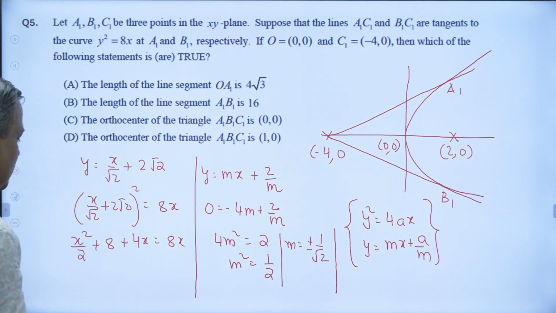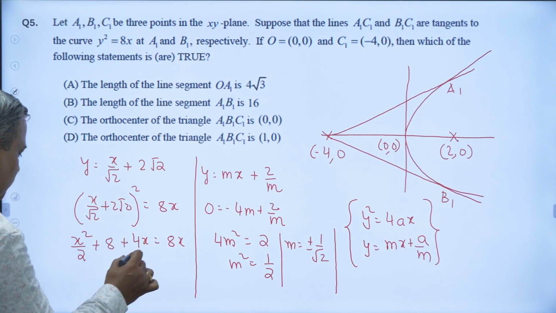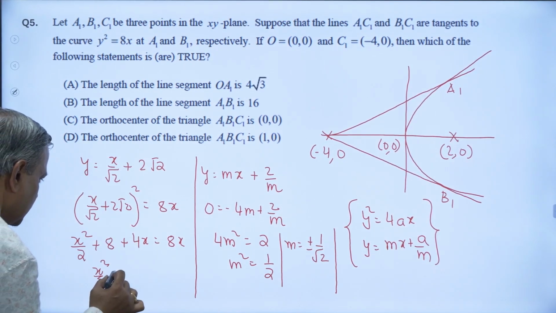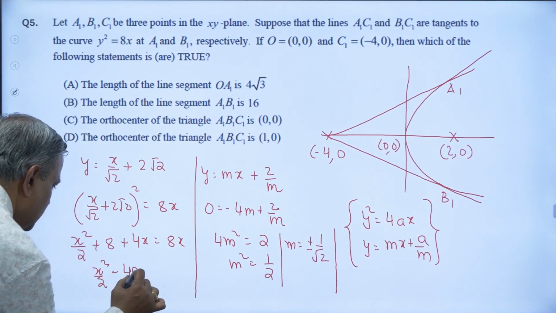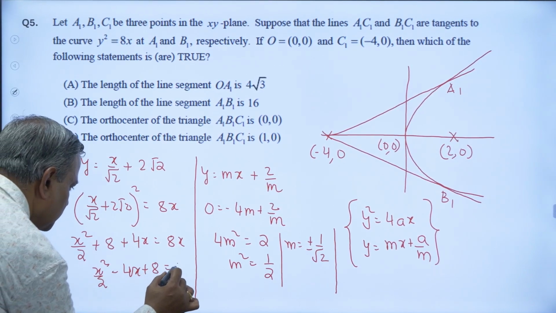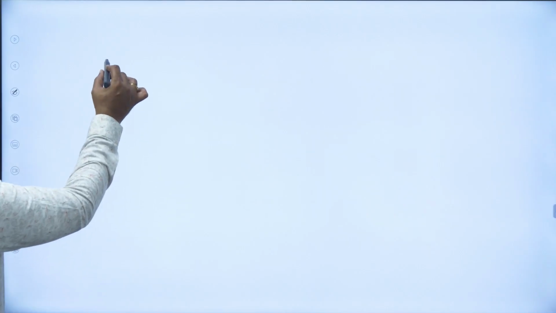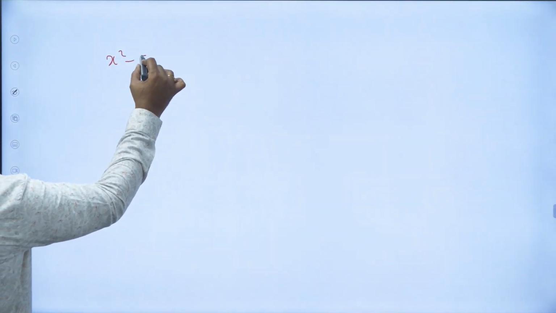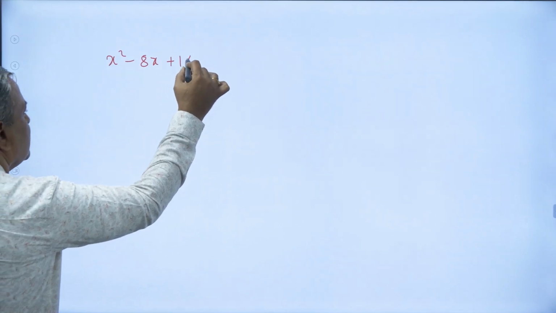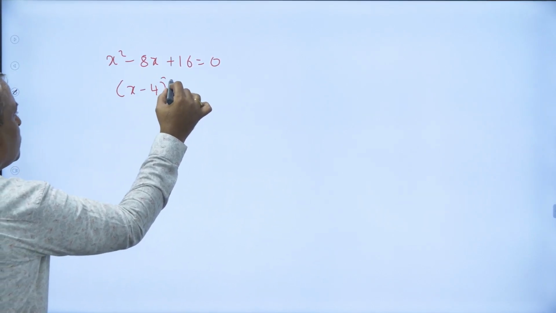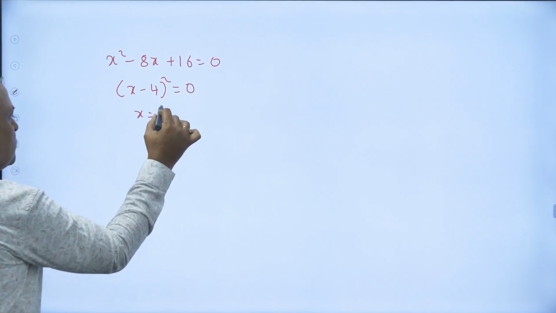So what do we get from this information? 4x is cancelled, and we get x square by 2 minus 4x plus 8 is equal to 0. I'll take the next slide. We get x square minus 8x plus 16 is equal to 0. What do we observe? x minus 4 whole square equals 0, so x equals 4.